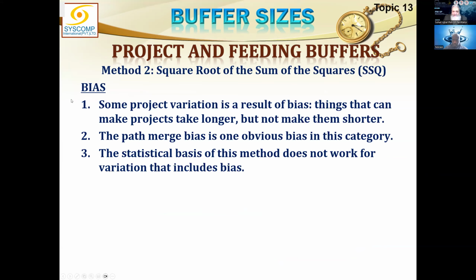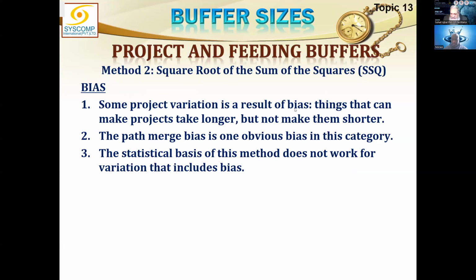As far as bias is concerned, some project variation is a result of bias. Biases impact us a lot. Our boss has a bias. He thinks in a different way, so we tend to plan according to his bias.